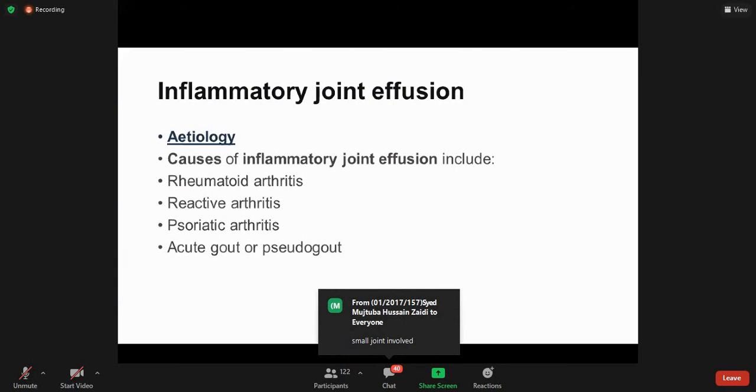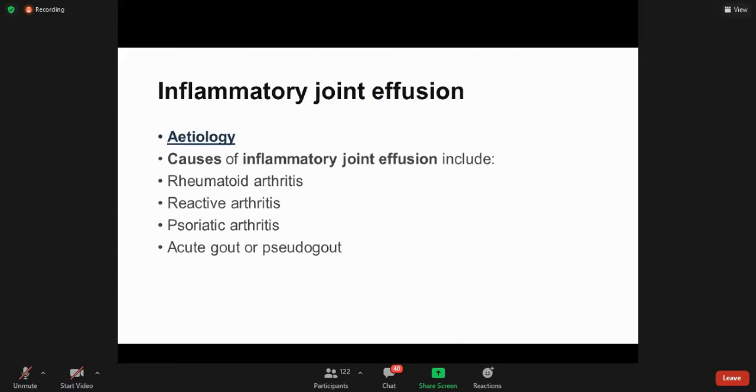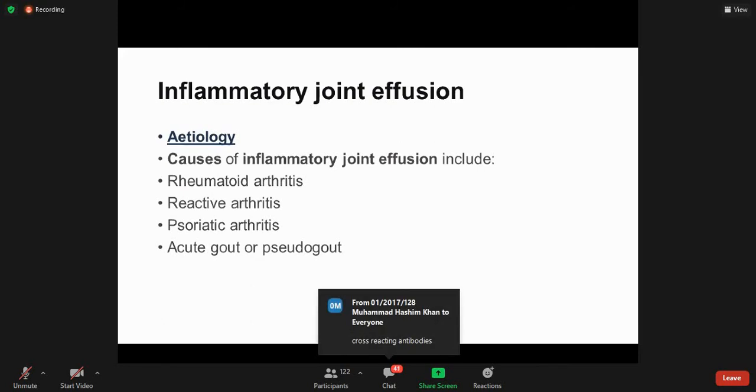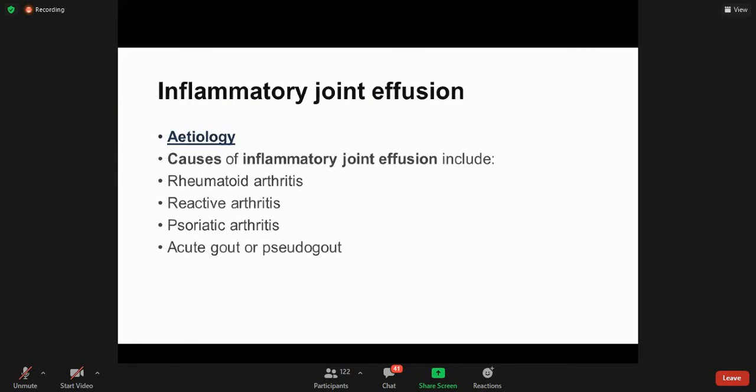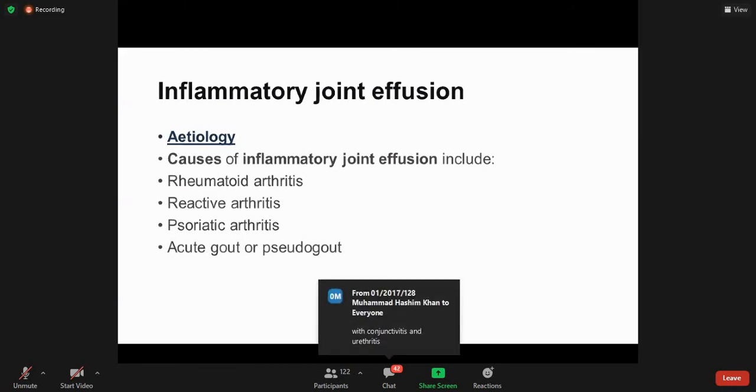Now, can anybody tell me what is reactive arthritis? Cross-reacting antibodies.